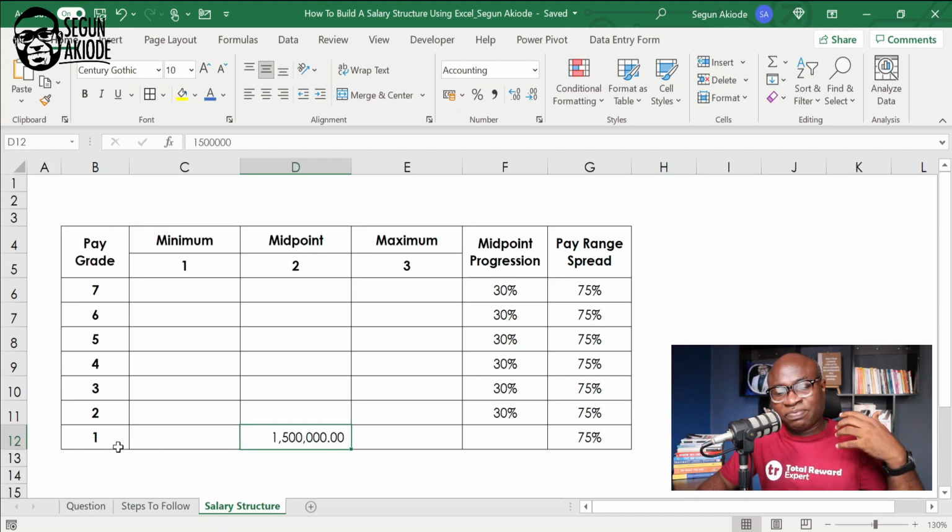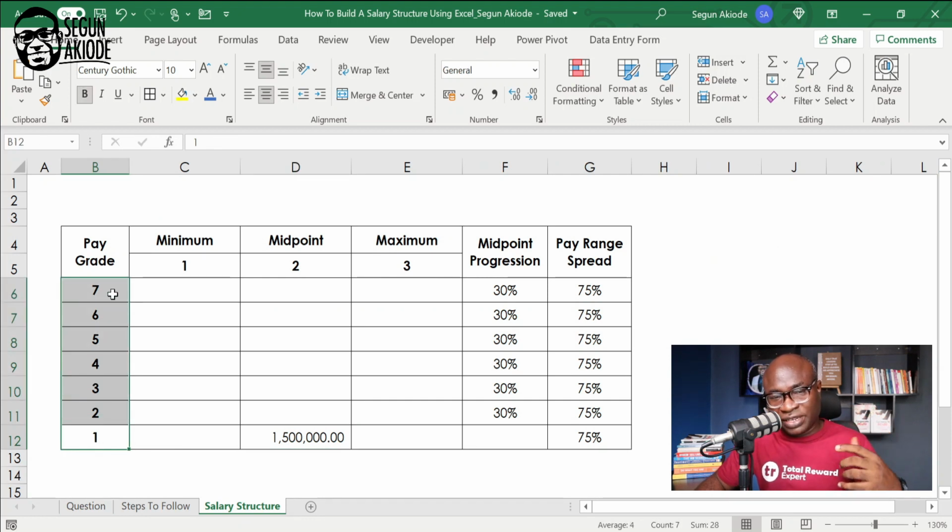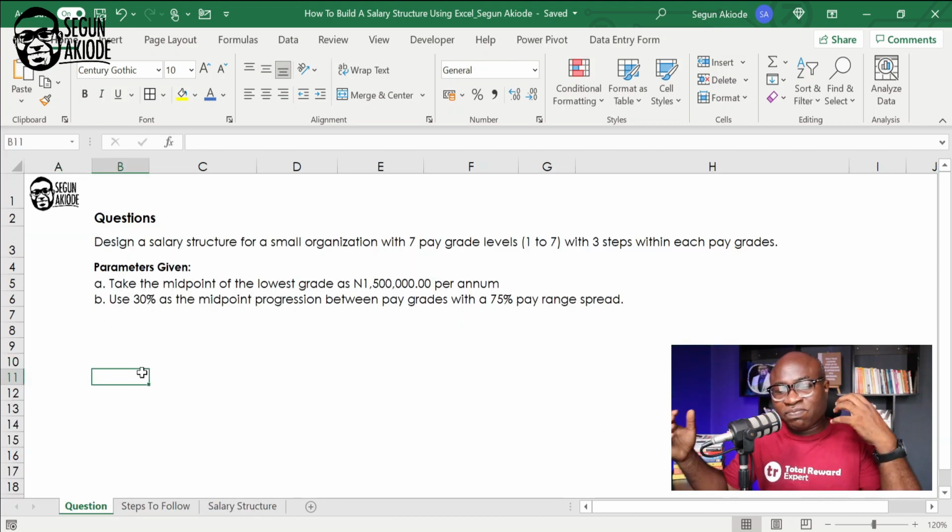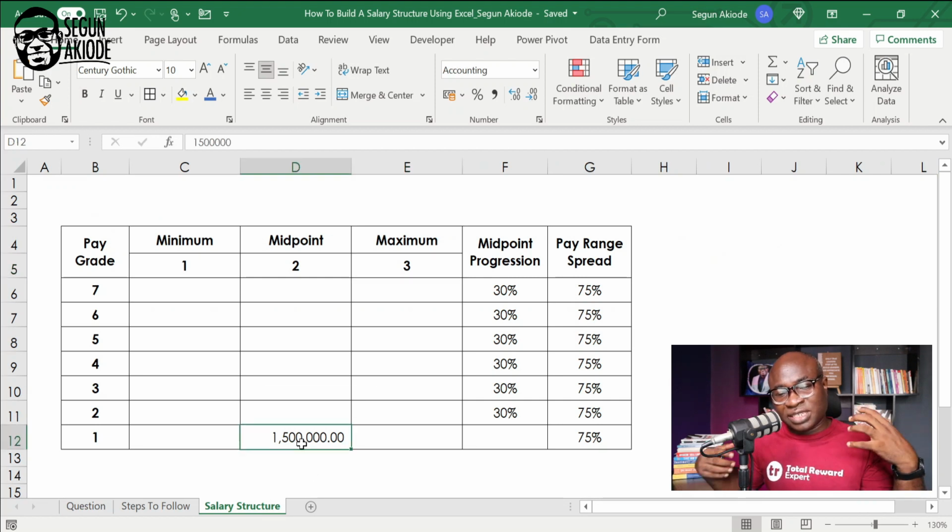We have 7 pay grades, grade 1, 2, 3 up to 7, and we need 3 steps within each of the pay grades, which correspond to the minimum of the pay grade, the midpoint, and the maximum. Now the question goes ahead to say, take the midpoint of the lowest grade to be 1.5 million per annum.